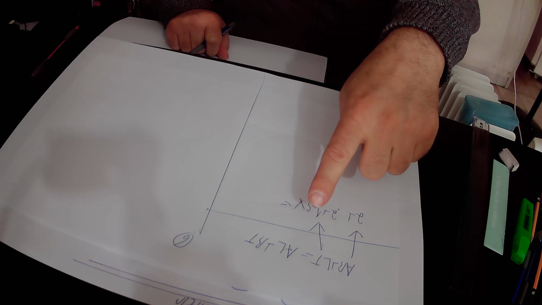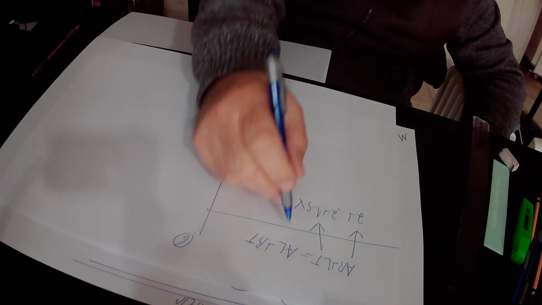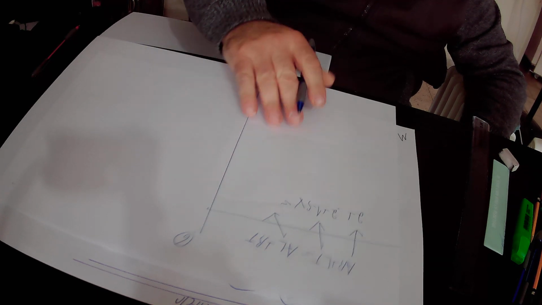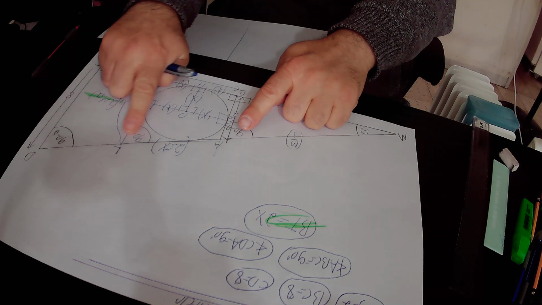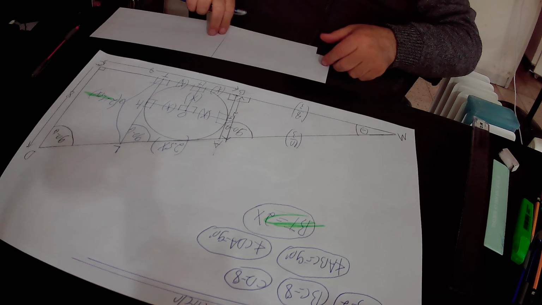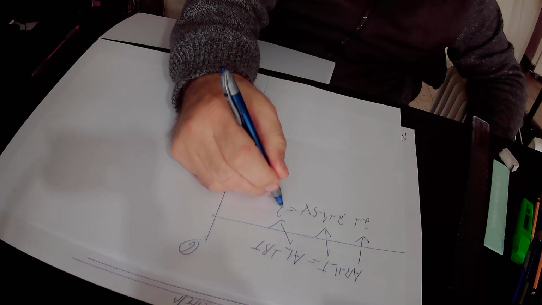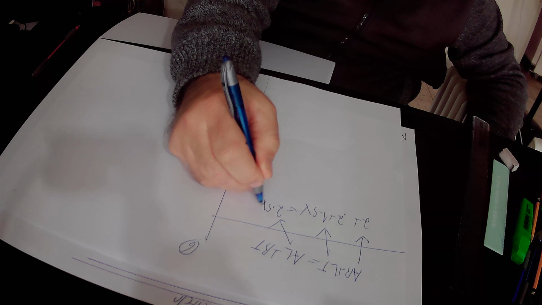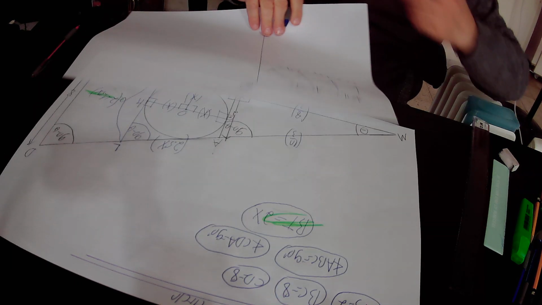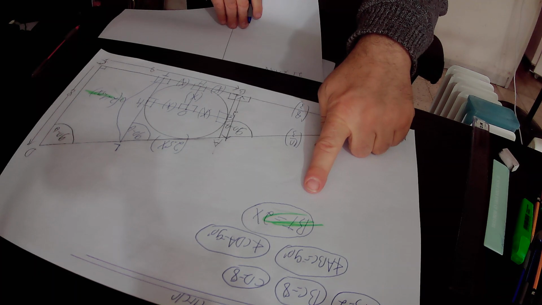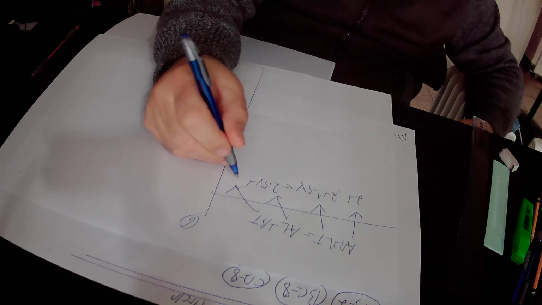On the other side of the equation we have AL plus BT. What is the value of AL? AL equals 2.5x. Therefore we substitute AL in this equation by 2.5x plus BT. What is the value of BT? We have already found out that BT equals 2x, so we substitute BT by 2x.